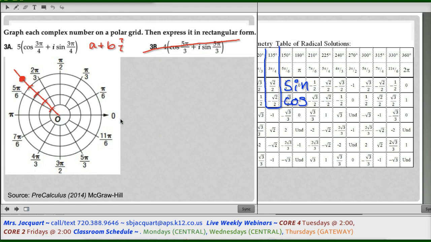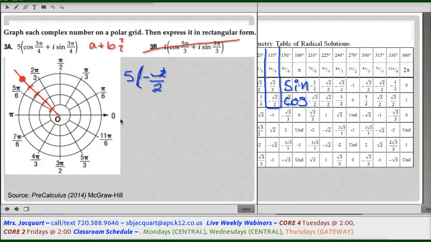So we have 5, and we're just substituting. 5 cosine of 3 pi fourths. The sine of 3 pi fourths is square root of 2 over 2. Cosine is negative square root of 2 over 2.